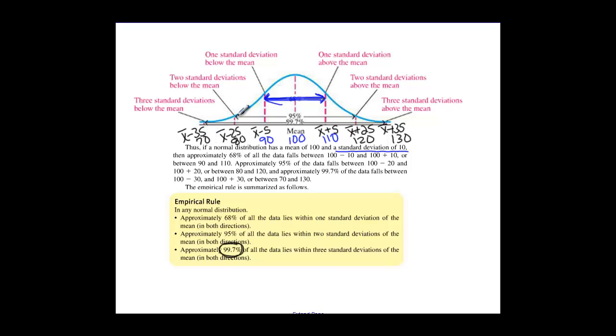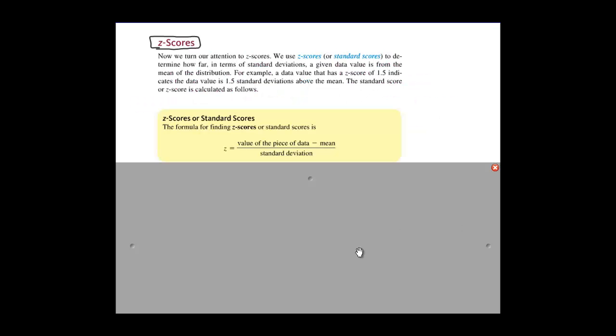So from our chart, 95% of the data would fall between 80 and 120, and 99.7% of my data would fall between 70 and 130. There may be some outliers there, but if we're told that data has a normal distribution, then those percentages would be true no matter what data you were dealing with.